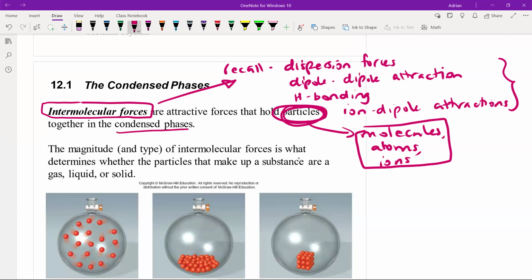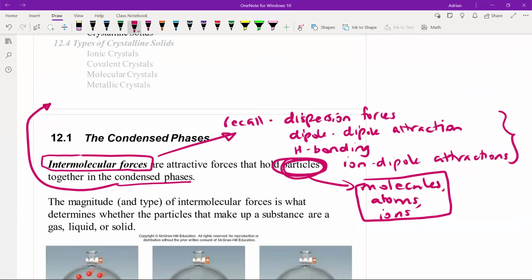So a quick reminder also with our condensed phases and states of matter in general, we talked about three of these: gases, liquids and solids. We talked about gases to some appreciable extent in the previous section.